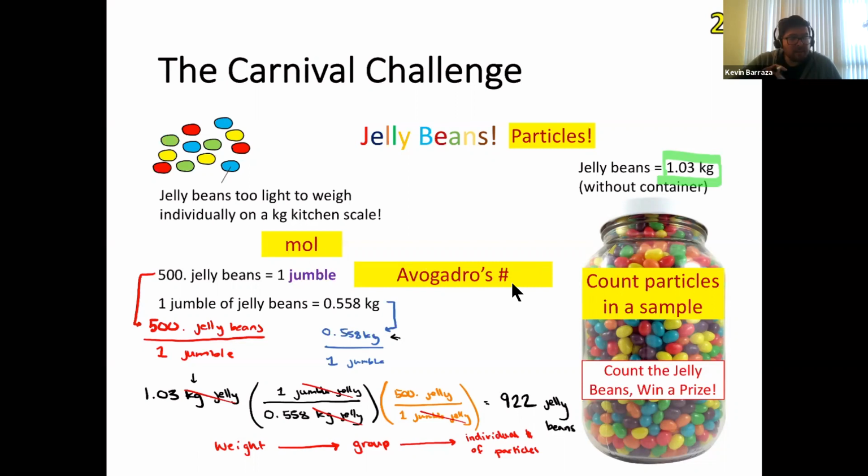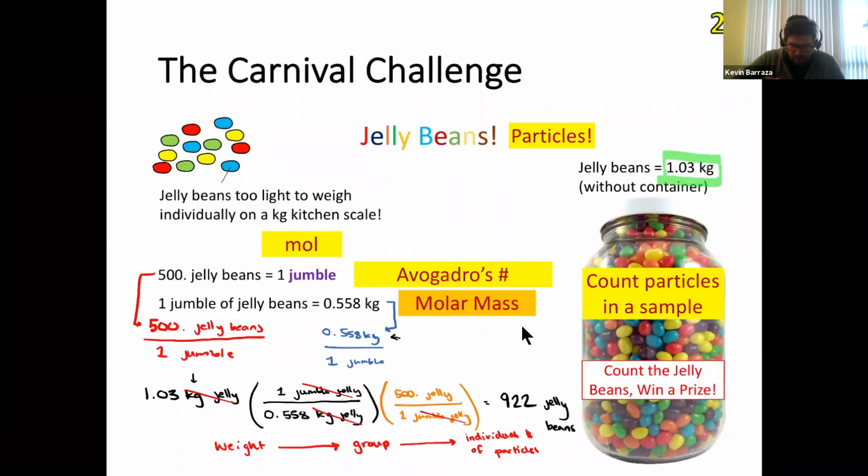The only thing that's a little bit different is that we haven't introduced this conversion factor, which is saying that a group of particles is equal to some mass. That's what the focus is today. Molar mass is that conversion factor. It is the quantity of grams that a mole of particles will weigh.